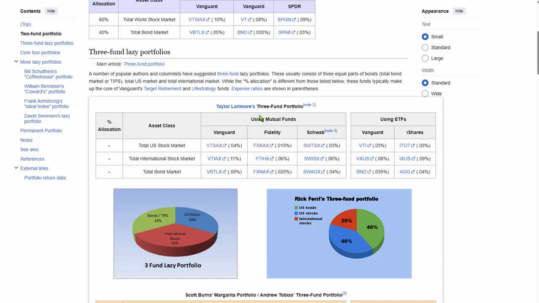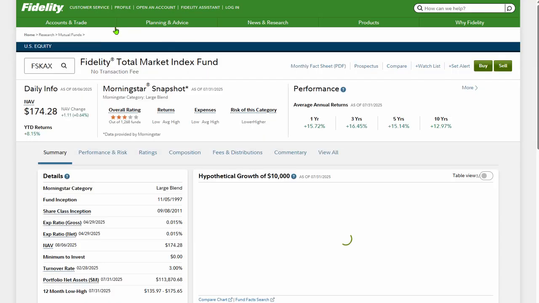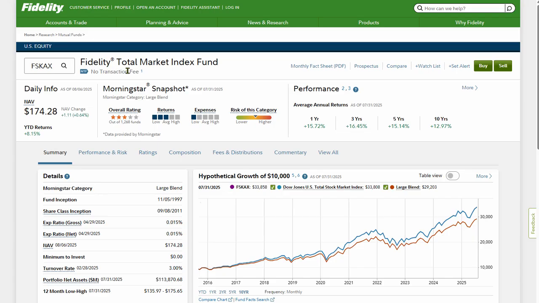And you could do the same thing with the Fidelity. Just go back to our Lazy Portfolio website on the Bogleheads, and you can click on that ticker. And now this pops up the Fidelity Total Market Index. And again, you can see over the years what it gained on average for the past 10 years. It's 12.97%.